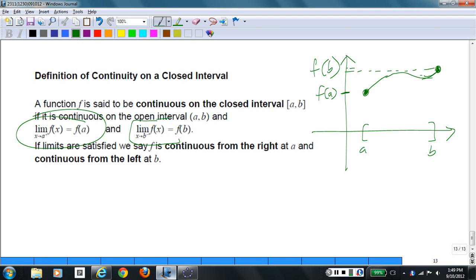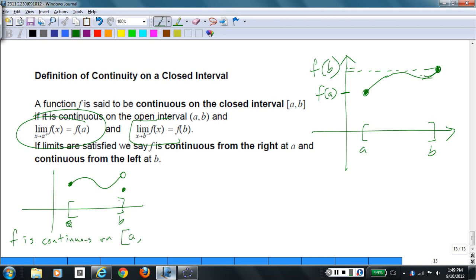Now, there are situations where it might look like this. And then what we would say, there's A, there's B, f is continuous on this half-open interval.